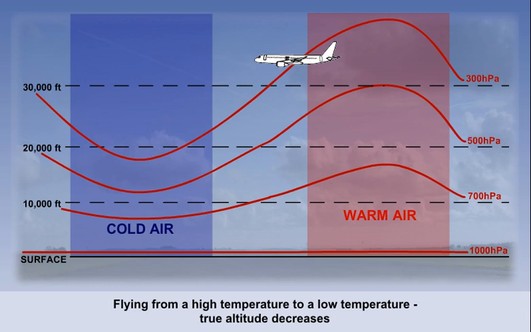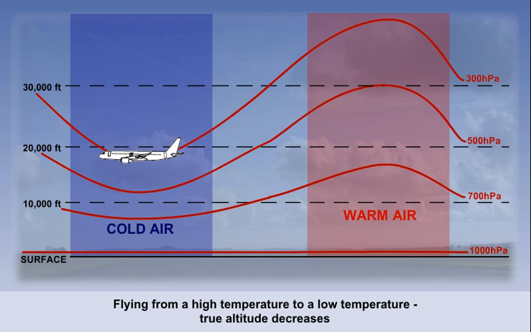We know that to achieve this, the pressure must not change. In other words, we must follow a pressure level. However, in doing so, we are inadvertently following a pressure level that's actually descending. So in reality, we are descending, but the altimeter is not indicating this. Therefore, our true altitude is decreasing, but our indicated altitude is constant.